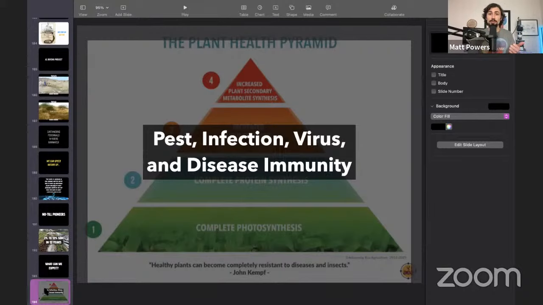So complete proteins and long chain sugars, polysaccharides, problem solved overnight. We've seen this in America. We've seen this all over the world with regenerative, with natural farming. It's been proven out. Plants and animals can develop immunity to everything if they have the right inputs, minerals, and biology.